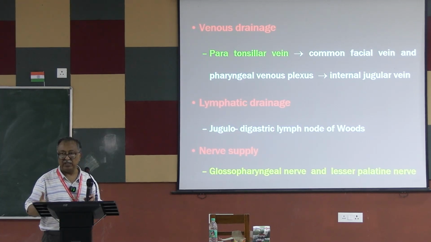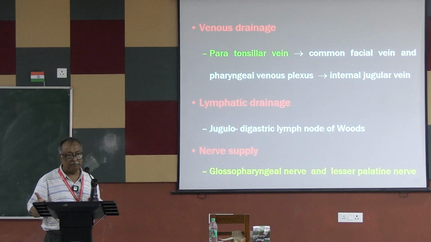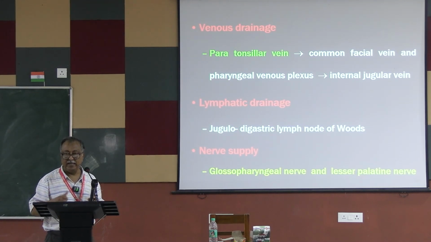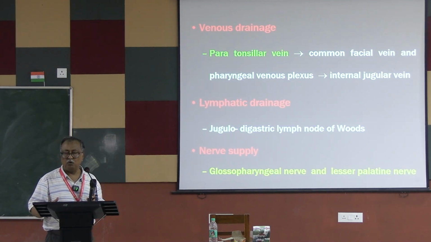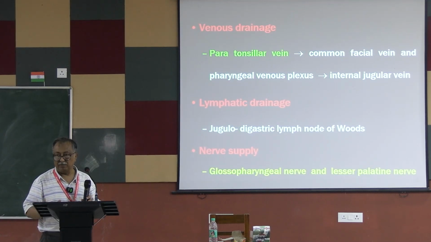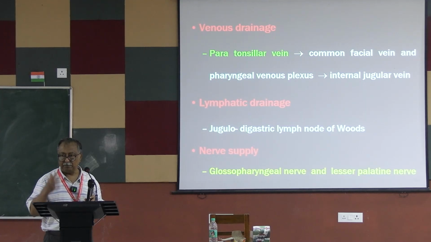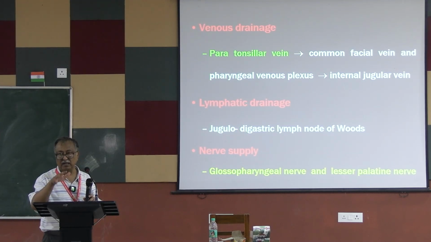When we do the tonsillectomy, the dreaded complication of the tonsillectomy is bleeding, and that bleeding is not arterial bleeding, it is venous bleeding. So, don't worry very much about the bleeding after tonsillectomy. Most of the arteries supplying the tonsil pierce the superior constrictor and come to the tonsil to supply it.